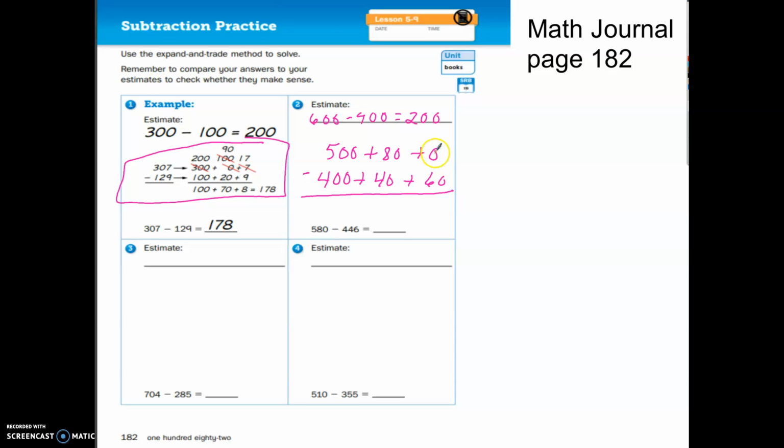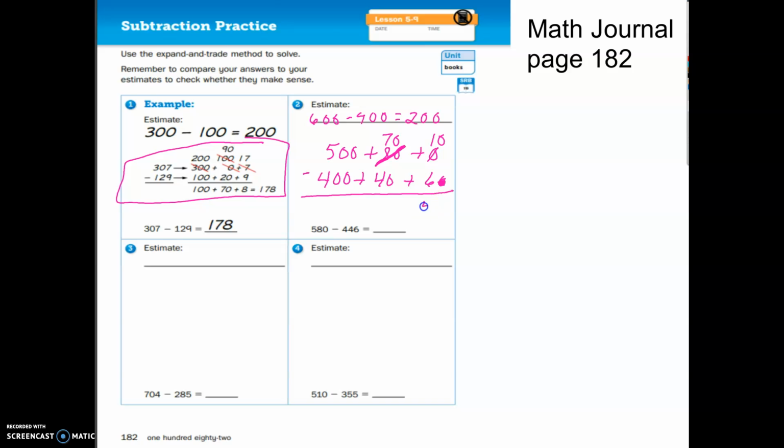Well, I can't do 0 minus 6, so I have to take away a group of 10. That's going to leave me 70 there. And I'm going to add that group of 10 over here, and that's going to be 10.